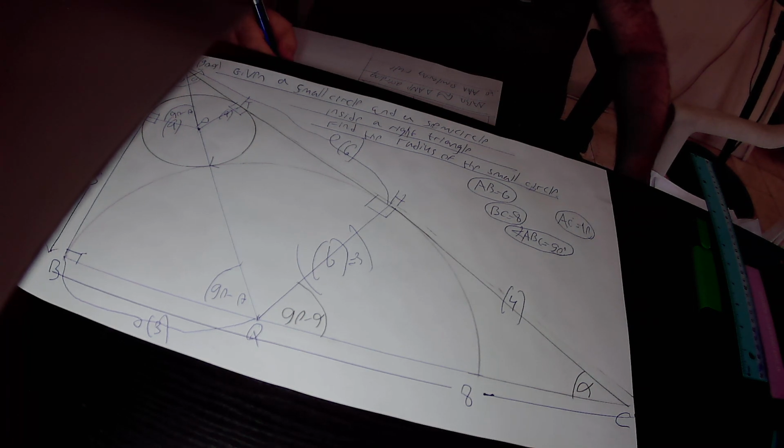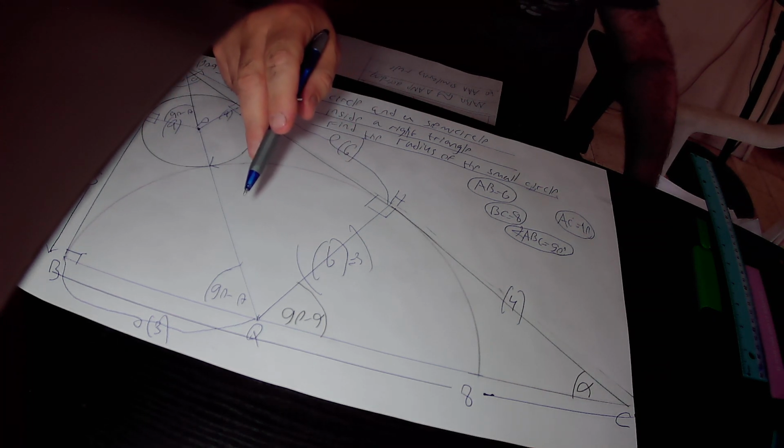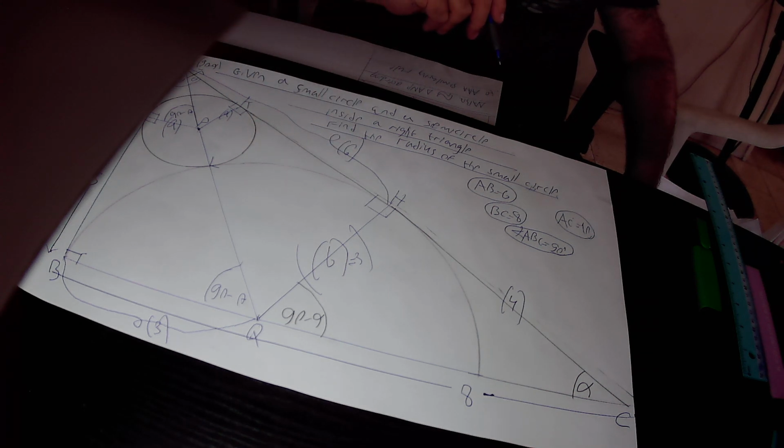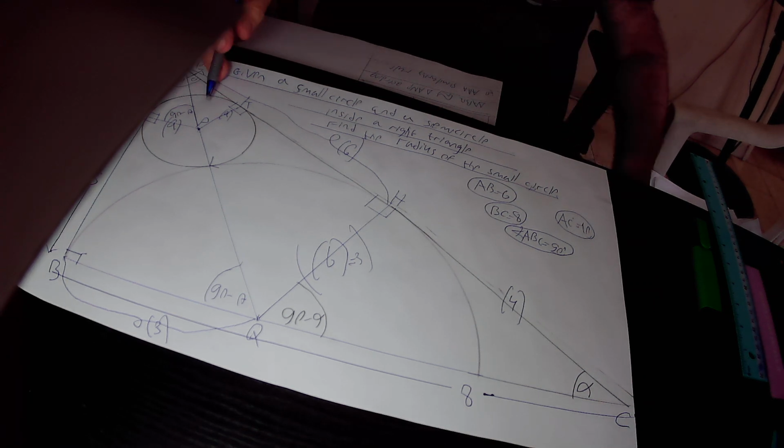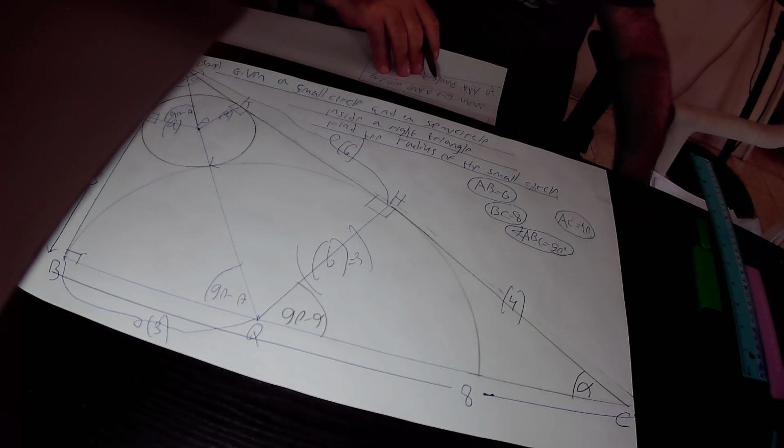AN is the missing side, so we will leave it as it is. And it equals BQ. BQ equals 3, it is the radius of the big semicircle. This equals 3 units in length over NP. NP equals A. A is the radius of this small circle. That is the radius that we are looking for in this question.